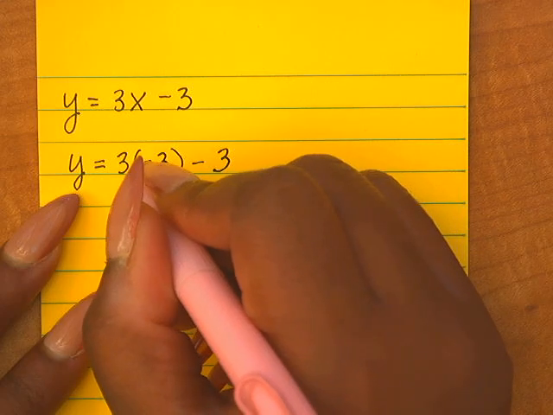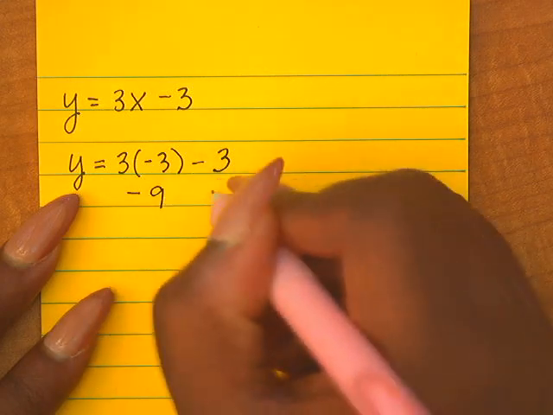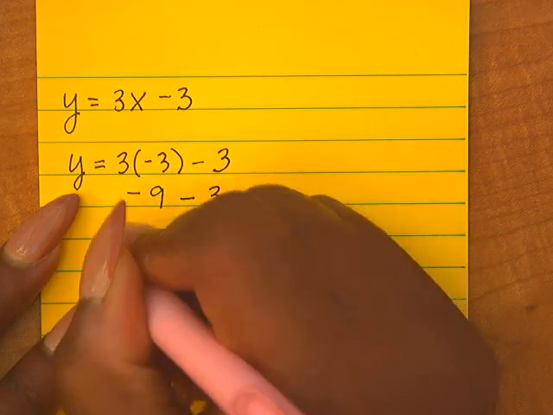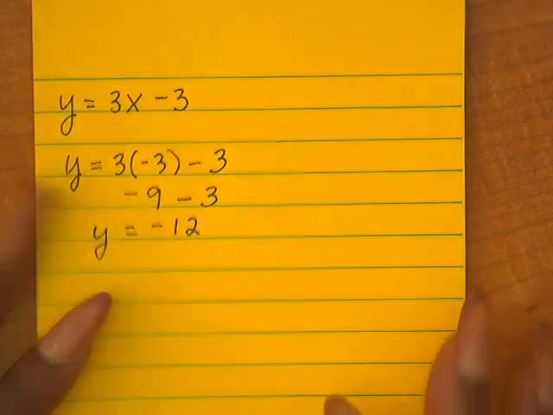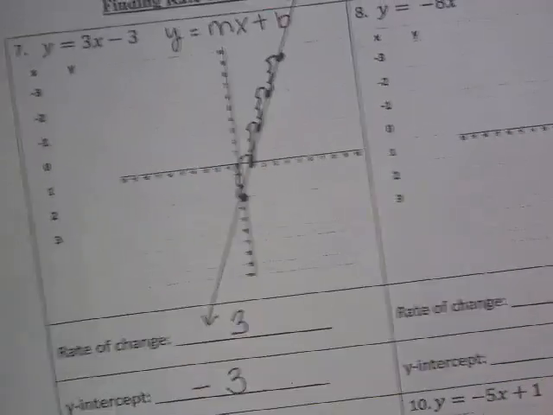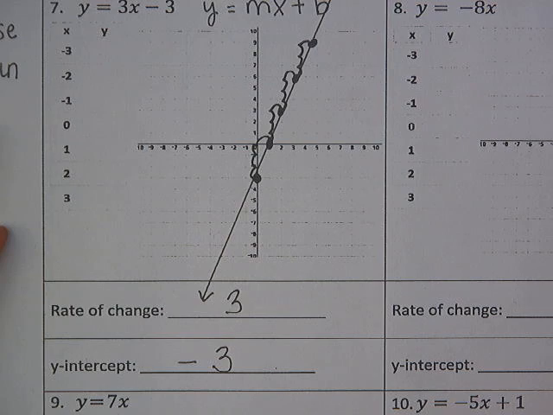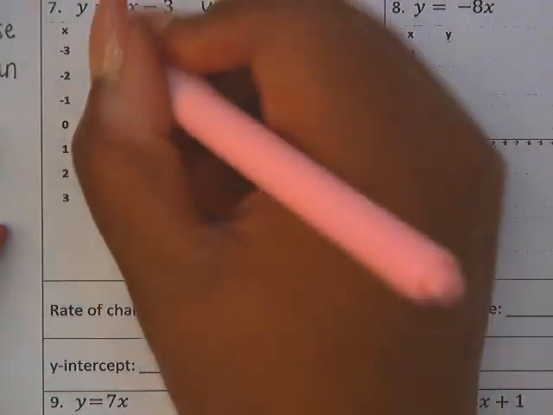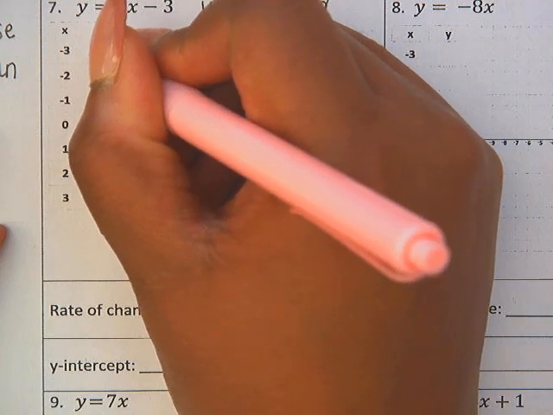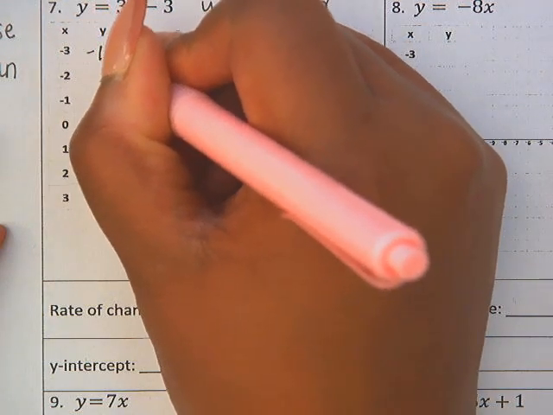So I'm left with -9 minus 3. Y is equal to -12. So, like I said in my line, I thought y was at -10. That's why it's always best to cross-verify with math. So your y value is at -12.